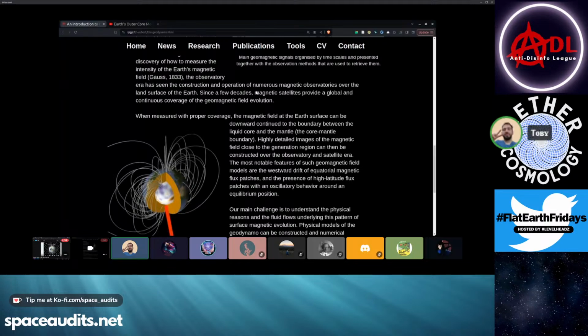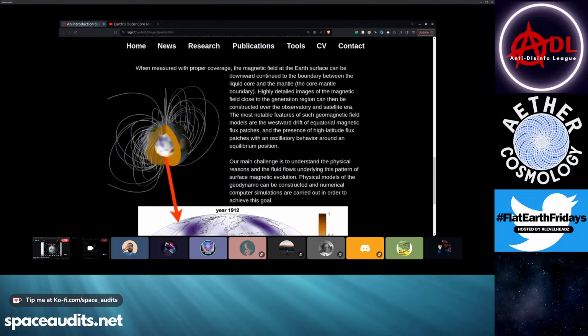When measured with proper coverage, the magnetic field at the Earth's surface can be downward continued to the boundary between the liquid core and the mantle, the core mantle boundary. Highly detailed images of the magnetic field close to the generation region can then be constructed over the observatory and satellite era.